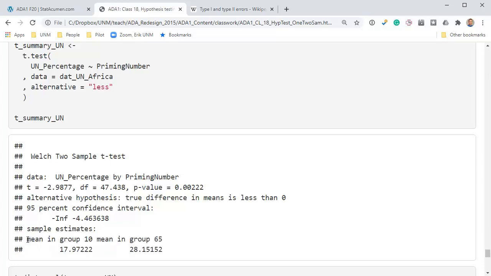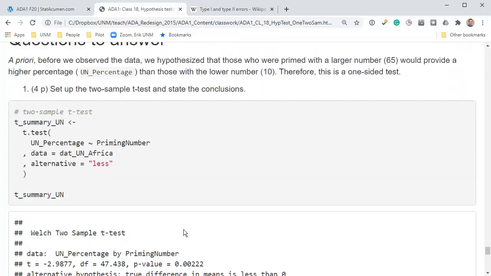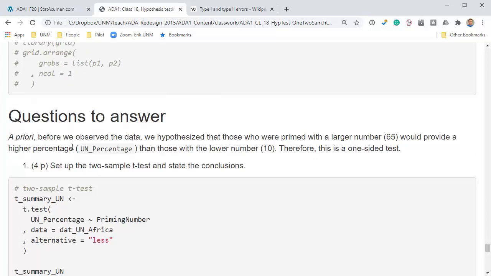In this case, the group for the priming number 10 was reported first, and then the mean for 65 was reported second. So if we put a less than sign in here, that says the mean for group 10 should be less than the group 65, and that's consistent with our hypothesis, that 65 was greater than those with number 10.